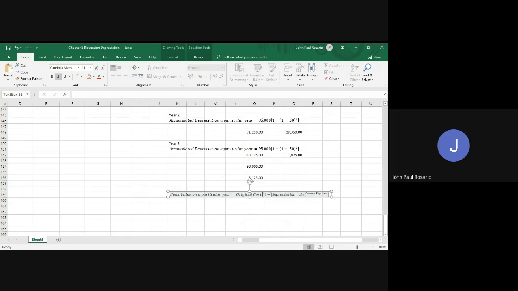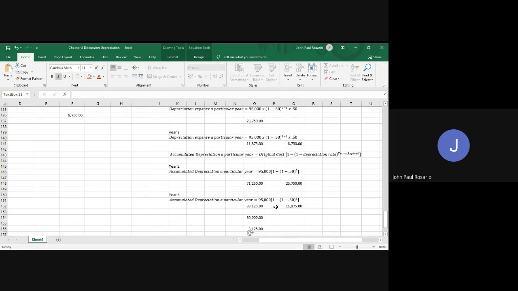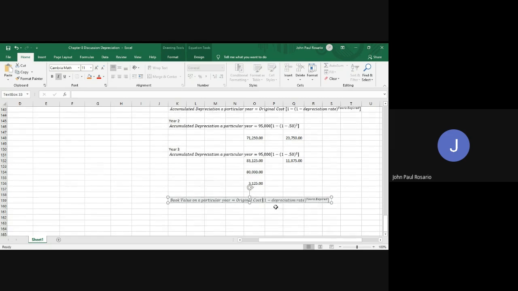Original cost, minus this. Yeah, it will be this one. This is the formula for your book value in a particular year.